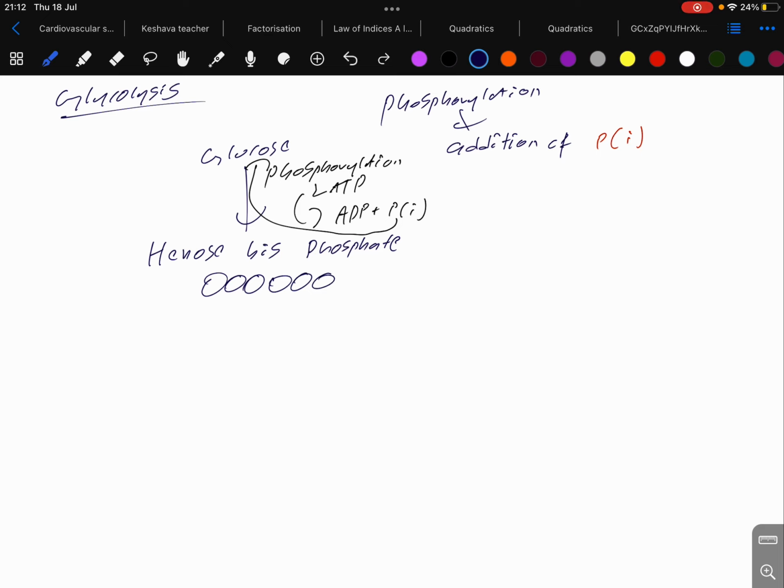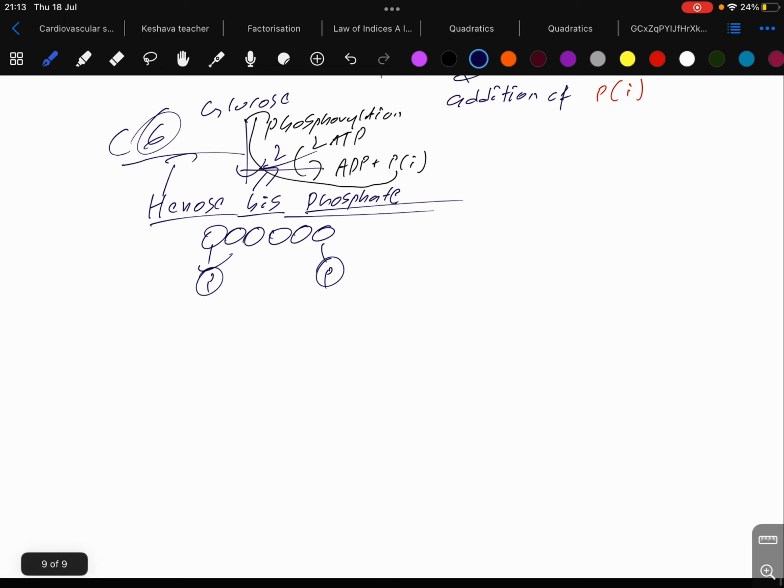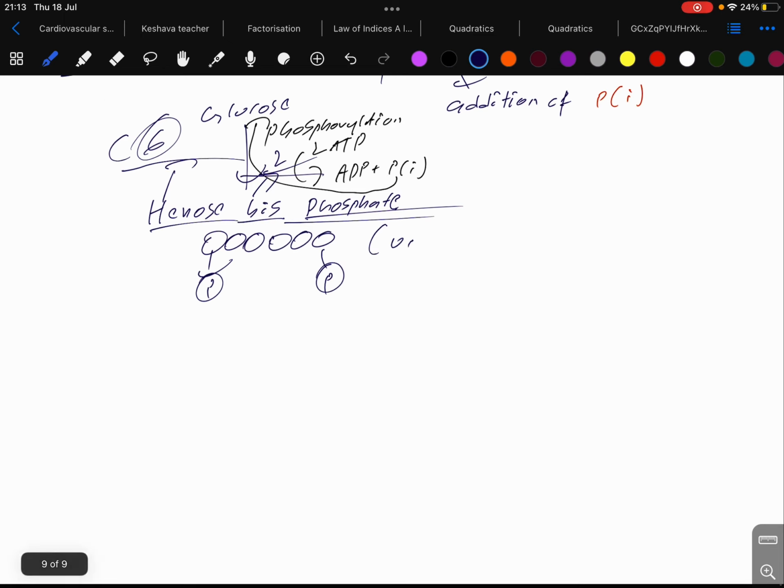You see here, bis means 2 phosphate. So hexose means hexose sugar, 6 carbon. 6 carbon, 2 phosphate. So it has 2 phosphates attached to it, which makes it more reactive. And it's very unstable, by the way.